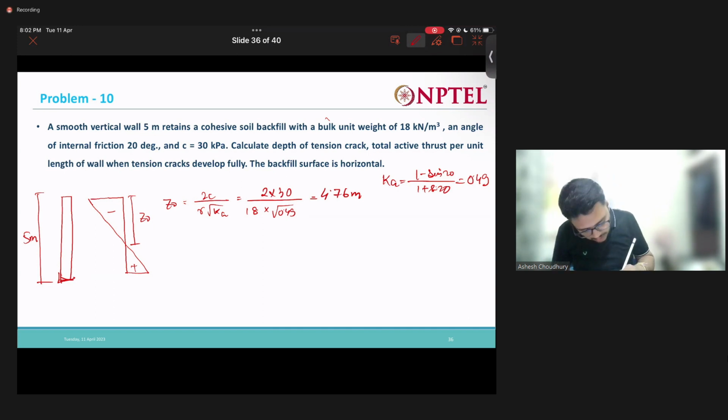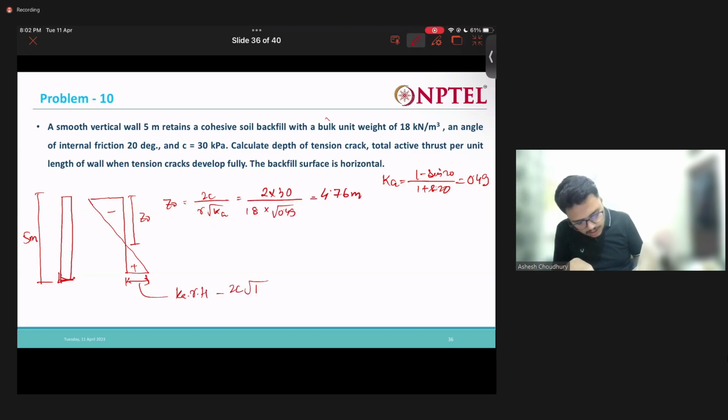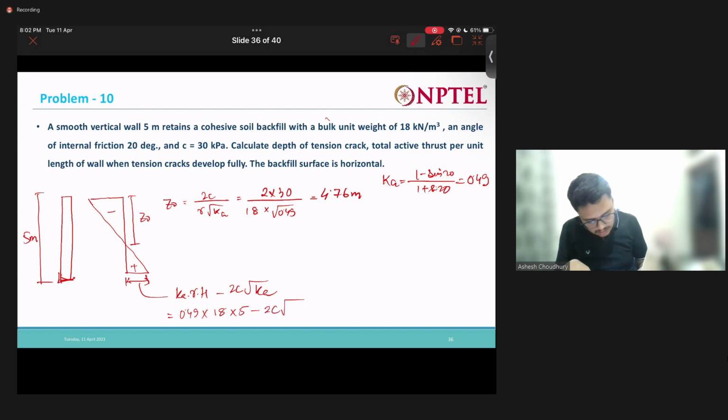So what will this be? Ka into gamma into H minus 2c root over Ka. Ka is 0.49, into 18, into H minus 2c root over Ka.